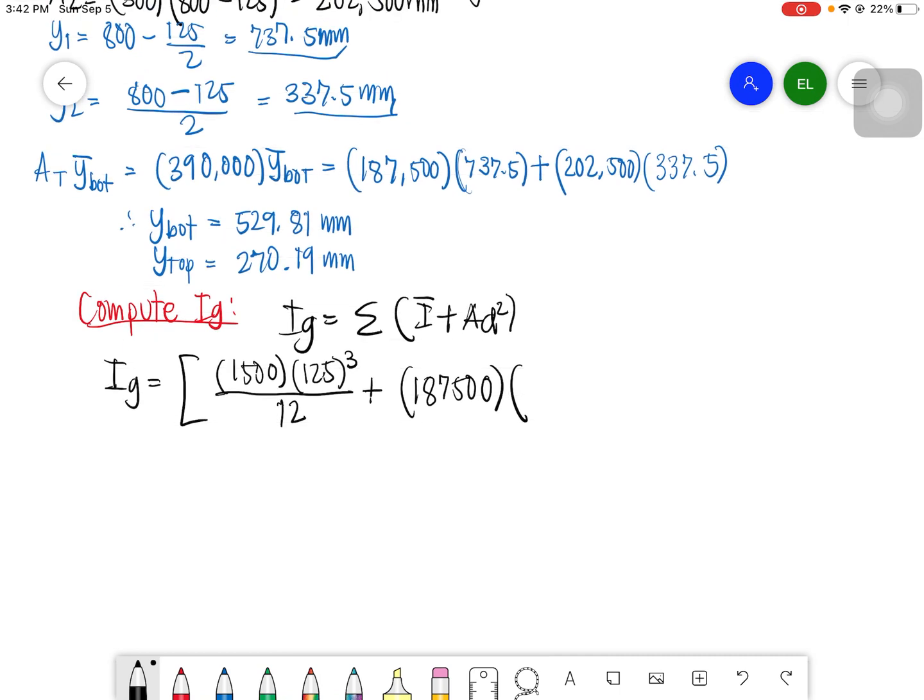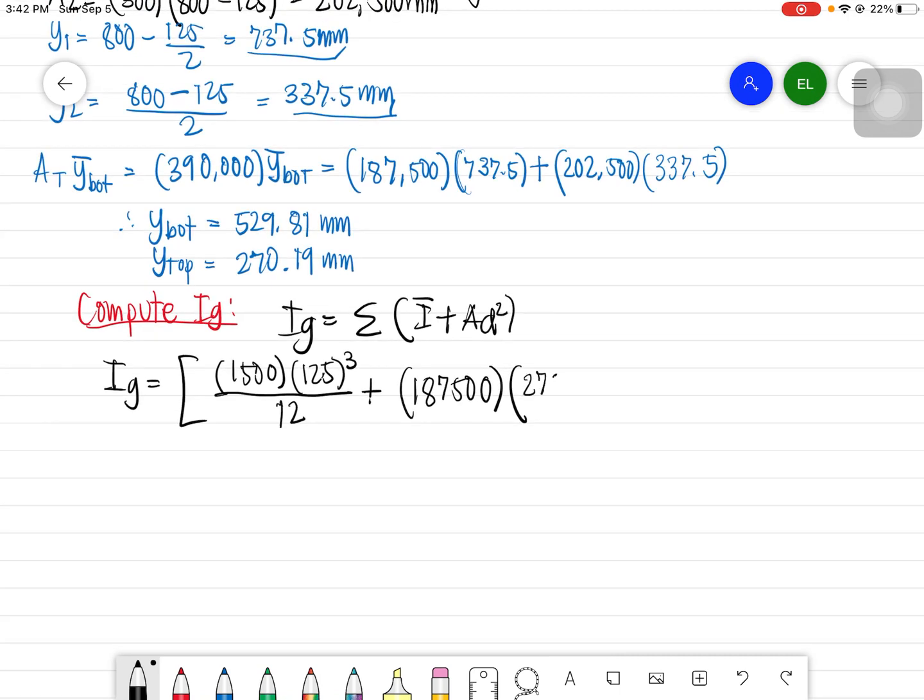Okay, so we have 270.19, that is the y top, then minus 125 over 2 squared.